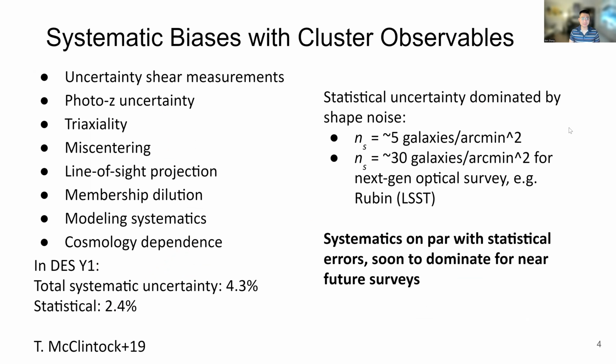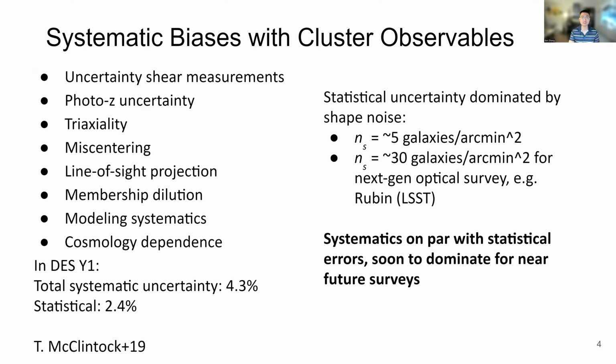There are a lot of systematic biases that we have to address with cluster observables. To name a few, these are shear measurements, photometric redshift error, triaxiality, miscentering, and so forth. According to a paper by Tom McClintock et al., systematics and statistical uncertainties in the Dark Energy Survey Year 1 footprint are on par with each other.